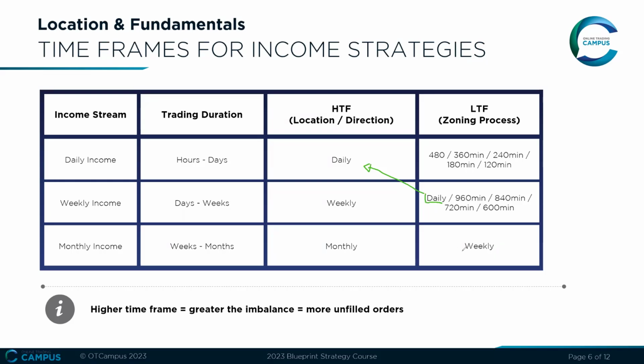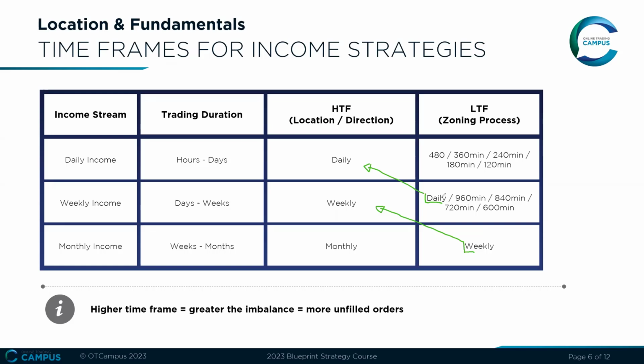So the same we would say here on the monthly income goal. What is the lower time frame for a monthly income was the higher time frame for a weekly income. So you can see that these time frames, of course, they intertwine with the different income streams that we have.